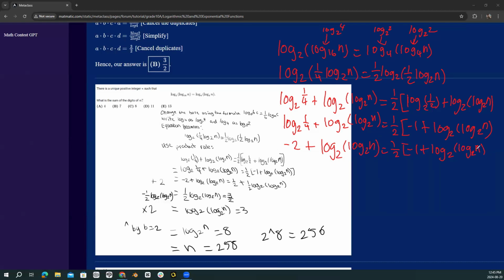Okay, now that we've simplified some, we can start shortening our equation.